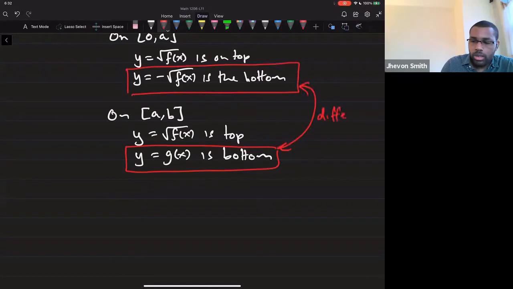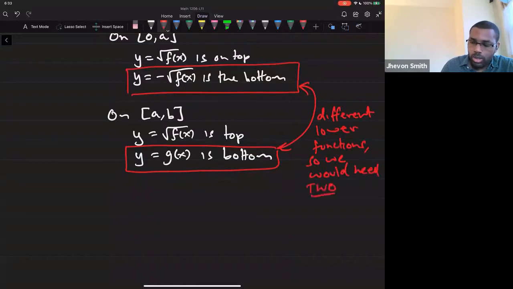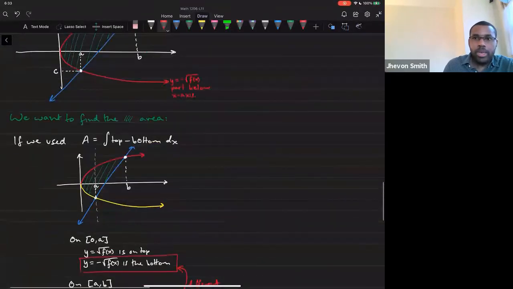Different lower functions. So we would need two integrals, right? Which can be annoying.